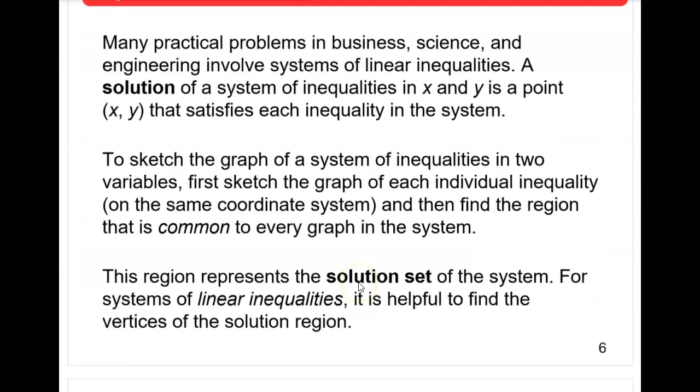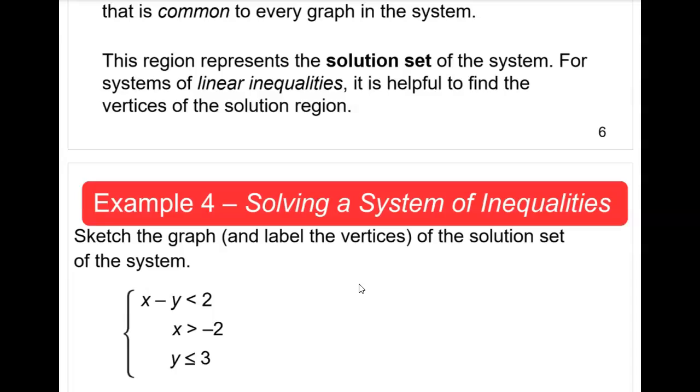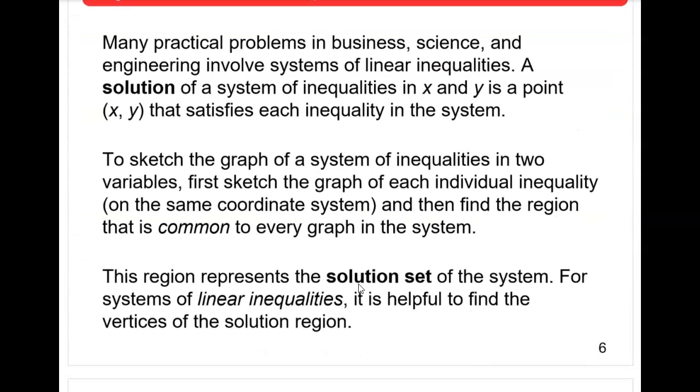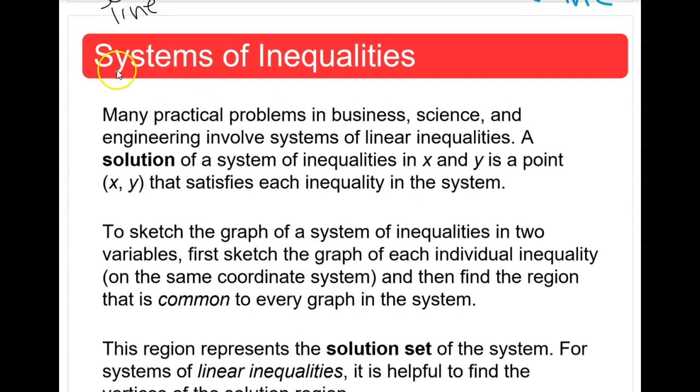Okay, so now we're going to move to systems of inequalities. Systems of inequalities have many practical applications in business, science, and engineering. A solution of a system of inequalities in x and y is a point (x, y), an ordered pair, that satisfies each inequality in the system.